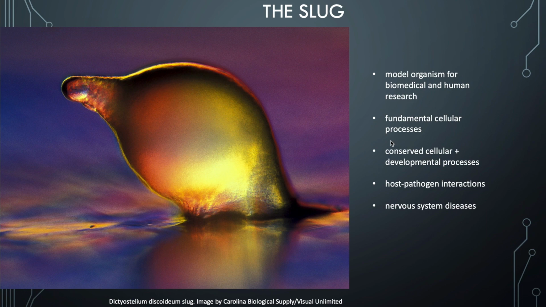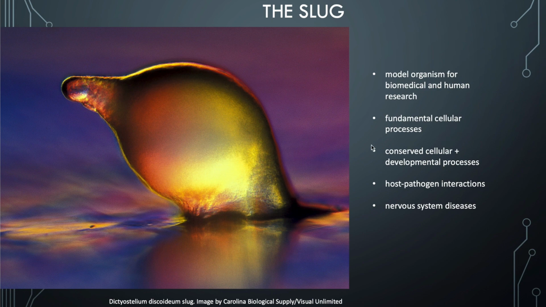Another reason why these organisms are very useful in studying human and other cellular processes is that they exhibit a lot of conserved cellular and developmental processes, and this means that they are conserved across species. So genes that are conserved or cellular processes that are identical across different species of organisms, in fact, different groups of organisms such as plant cells, animal cells, fungal cells.